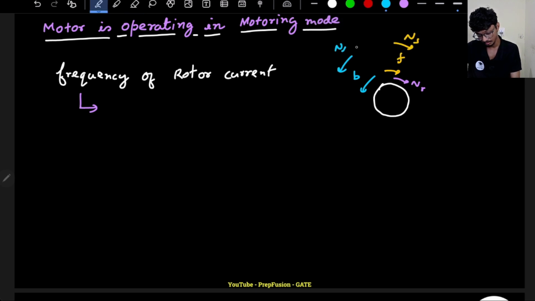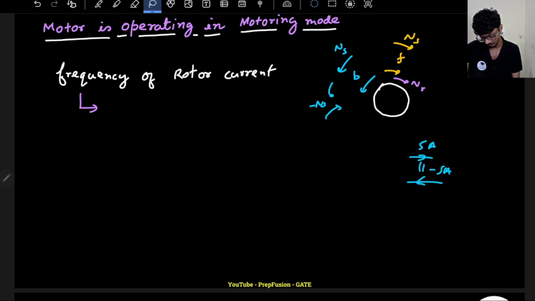So it is actually minus ns, remember that. If I write it like this, that means it is the same as writing on the right hand side with minus ns, right? If I say the current here is 5 ampere, can I say it is minus 5 like this? Same, right? I hope that same analogy I have used here.